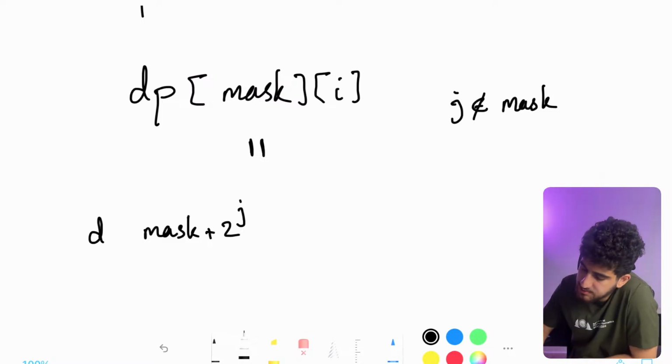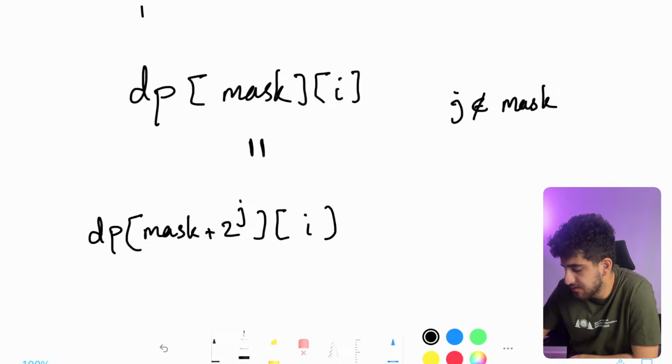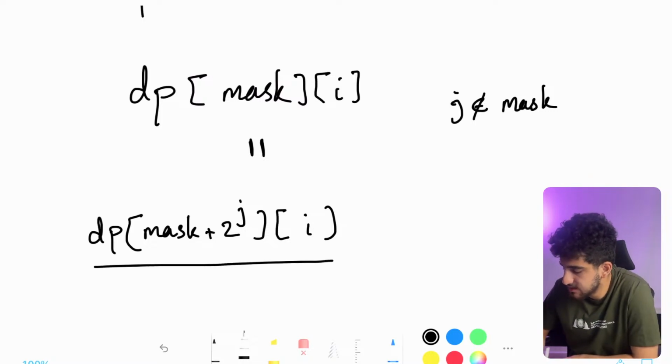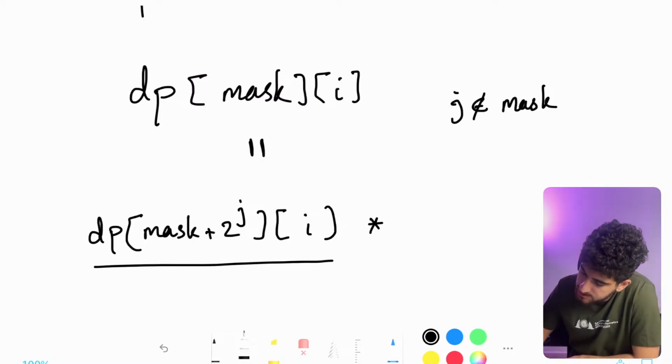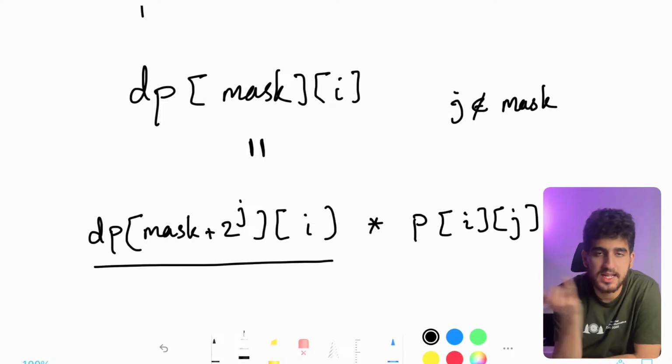So when I add some j, I will go to dp of mask plus 2 to the power of j, and either I kills j, in which case I is again alive, and I have to see what is the probability that person number 1 will be alive if it starts from this state, times p of I and j, because this is the case that person number j will be the next person in the queue and I kills j.